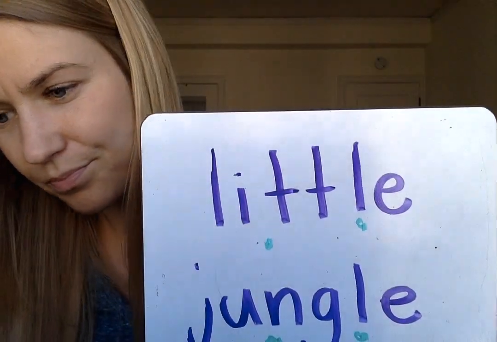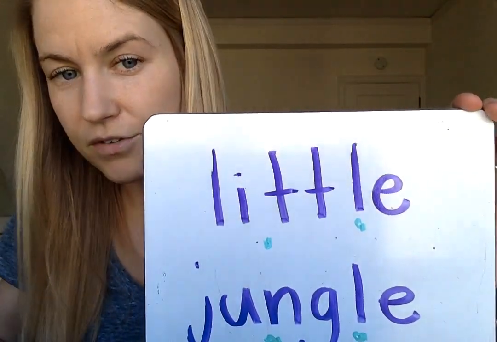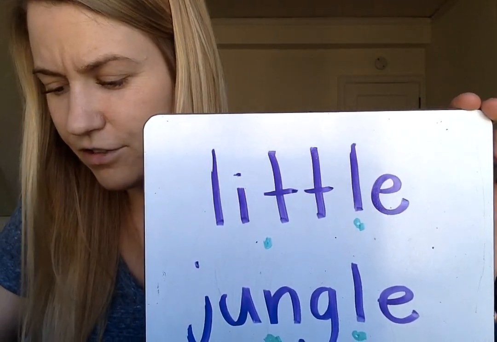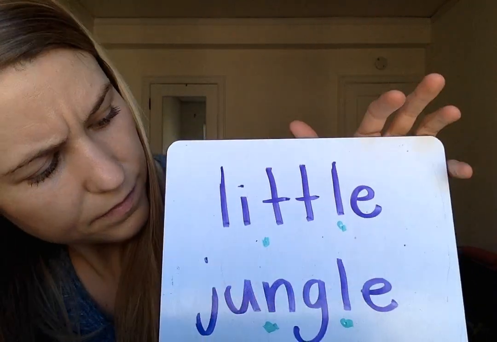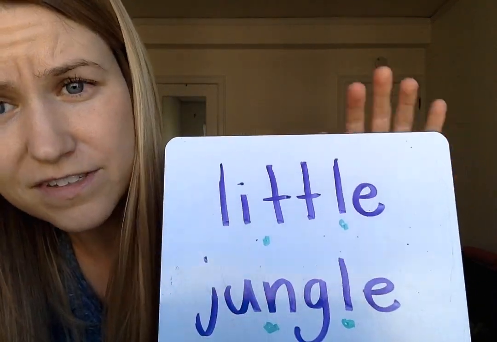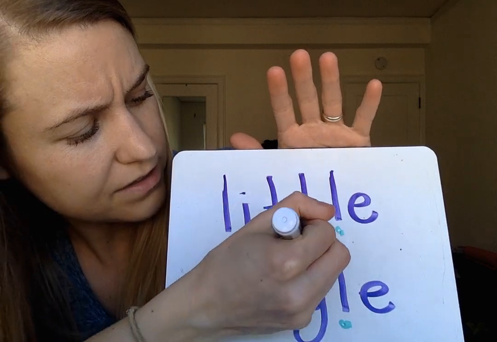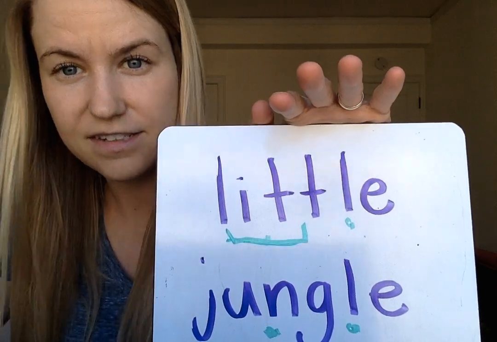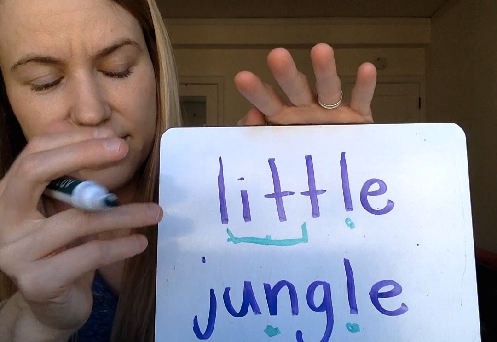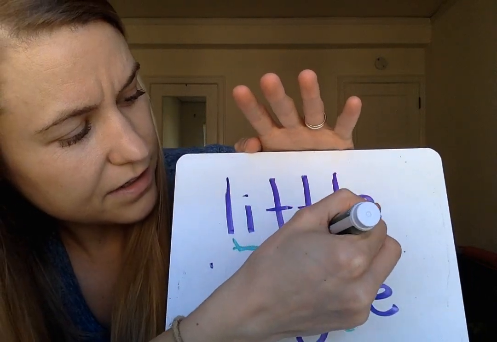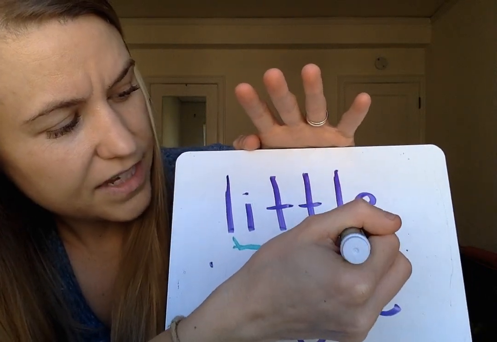Let's start with little, the one at the top here. So, you'll notice that the first chunk, the first syllable, is going to be lit. L-I-T. The next chunk is going to be tull. T-L-E.